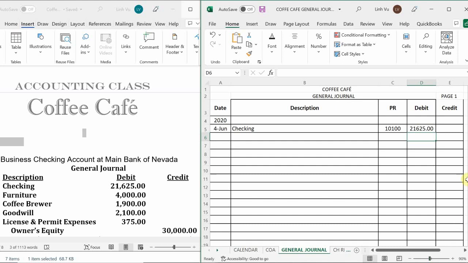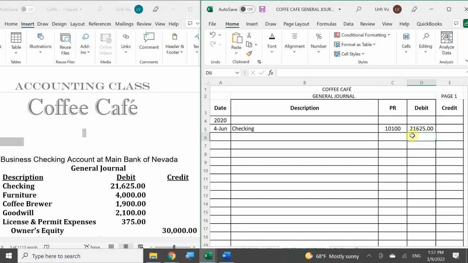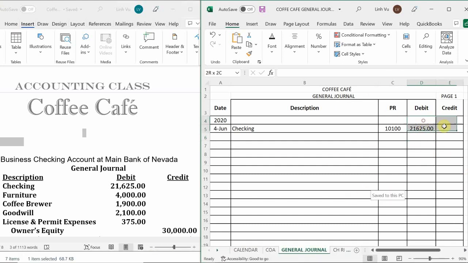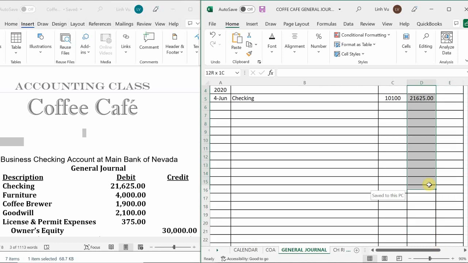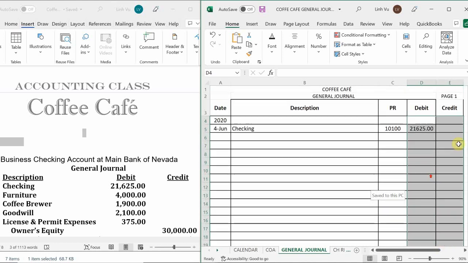Okay? However you like to have your cells formatted is whatever you want. I left it up to your discretion on how you like to see your numbers. In this case, I like to see them as numbers with decimal places. I don't like an accounting style where you have the dollar sign on there.